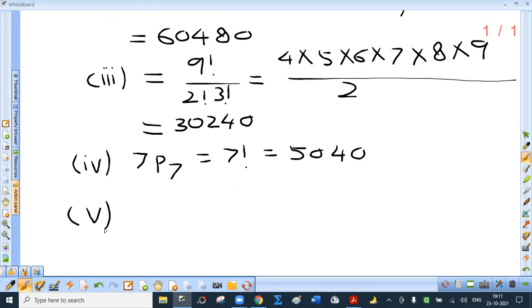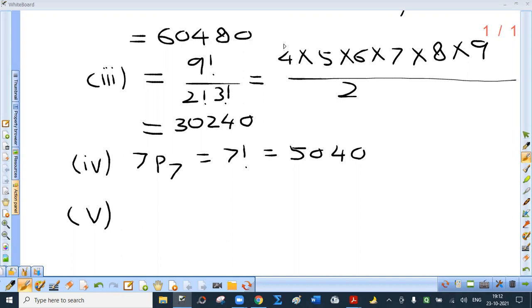Balbharati. Fifth one, there are 10 letters in the word Balbharati, which include B, capital B twice, A, capital A thrice, and the rest are all distinct.